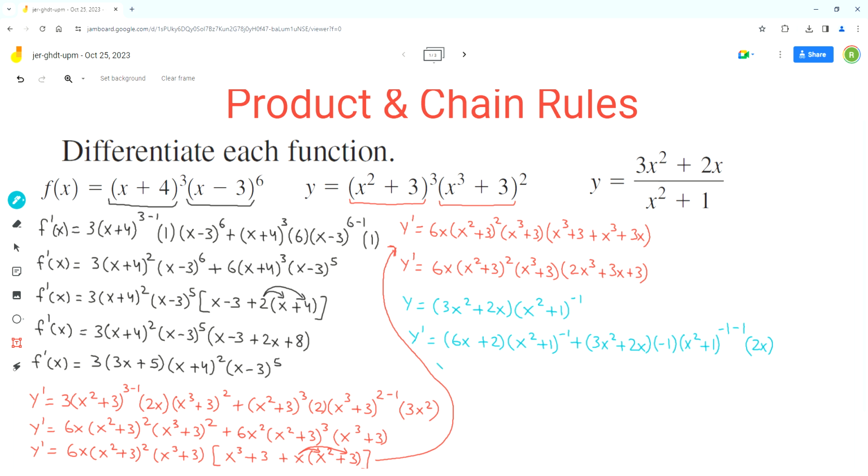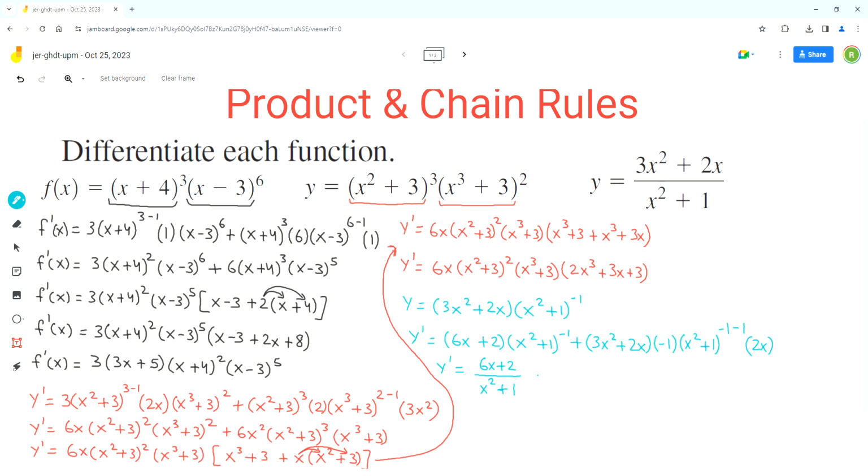Now we can simplify this expression. So in the first part, we can move x squared plus 1 to the denominator because its exponent is negative. So we get 6x plus 2 over x squared plus 1. We don't have to write 1 as an exponent. Now in the second part, we can multiply negative 1 by 2x, so we get negative 2x.